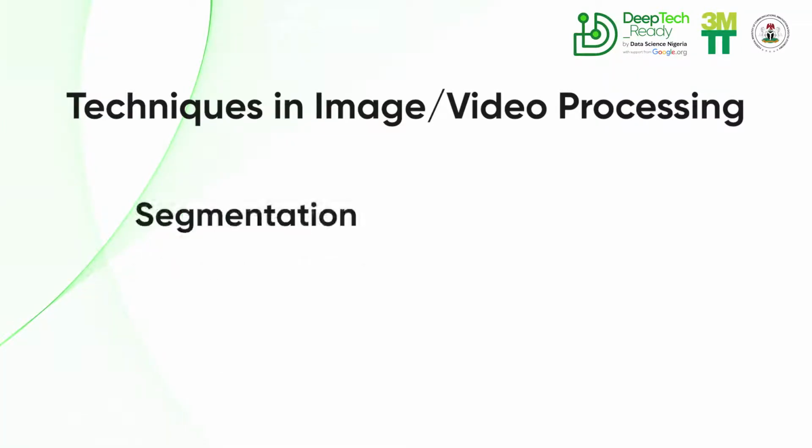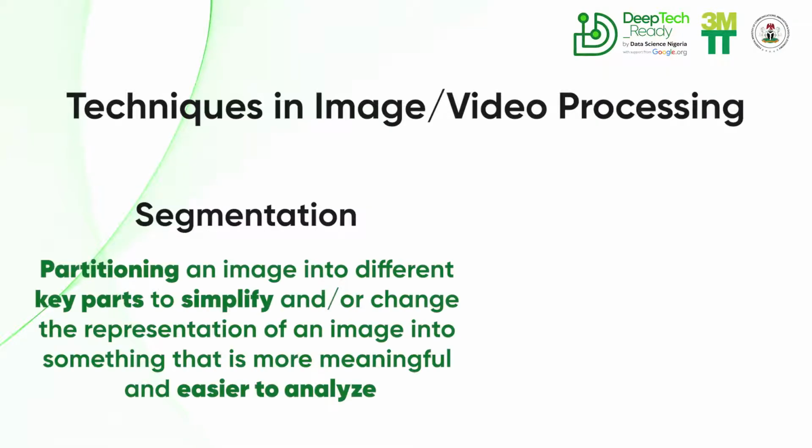Segmentation is also another image and video processing technique that you should be familiar with. Segmentation deals with partitioning of images into discrete groups of pixels. So you have a particular image and you want to be able to crop out certain objects from an image.